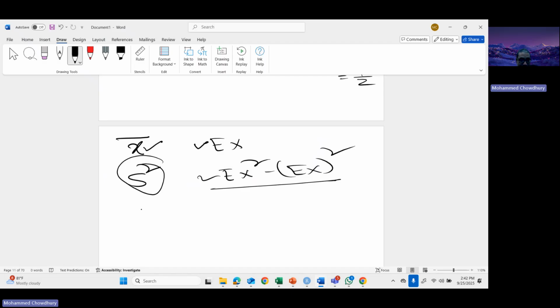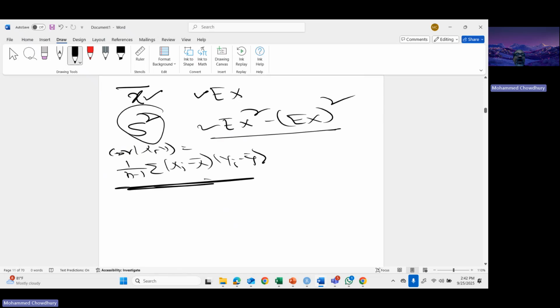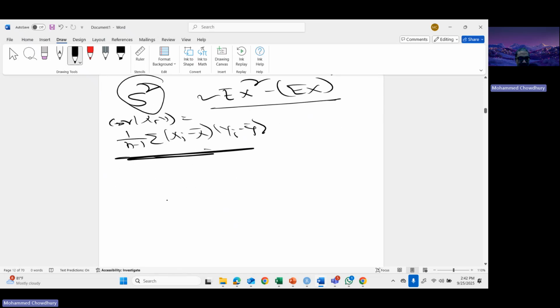Now, this is the covariance formula that we use: 1 over n minus 1, sum of xi minus x bar and yi minus y bar. This is the covariance of x comma y, which was first exam material. Now, how can we find covariance when there is a joint distribution of random variables x and y?